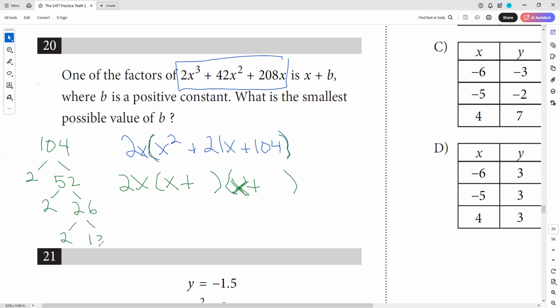So that's all the prime factors. And you can see that 2 times 52 is not going to give you 21, sorry.